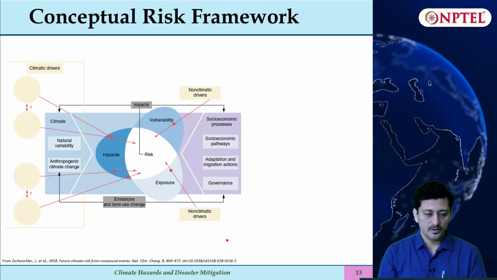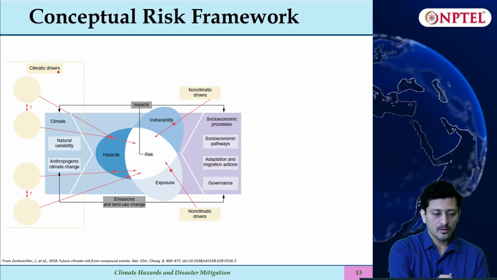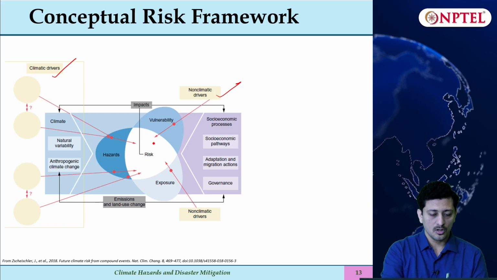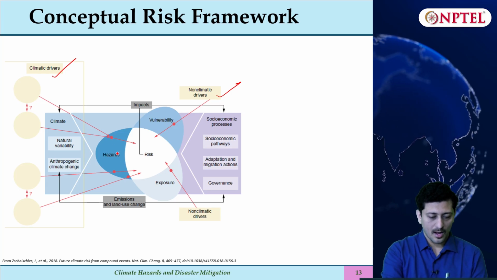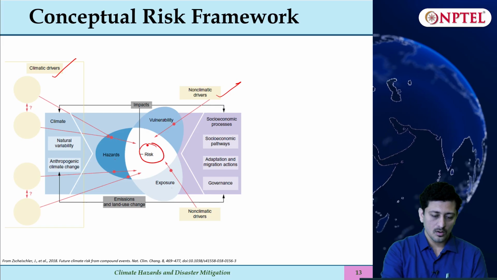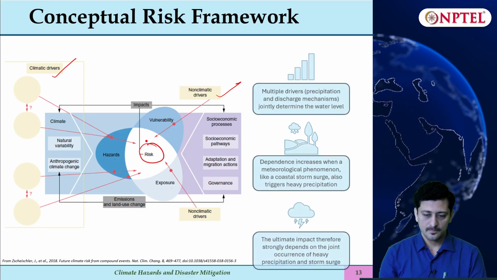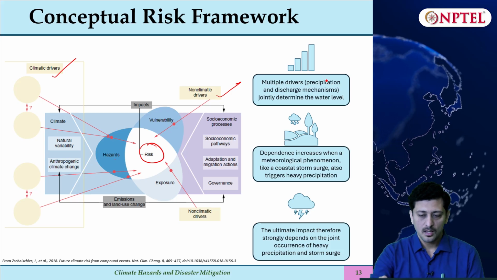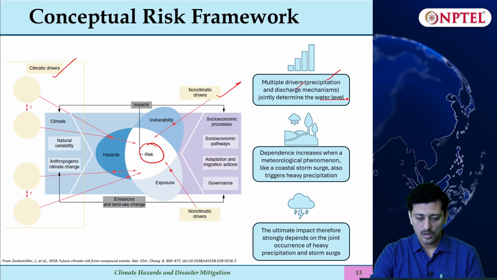Coming to the conceptual risk framework, in this framework we have to identify the climatic and non-climatic drivers which are affecting a particular process, and we have already seen this diagram where hazard, vulnerability and exposure will yield the risk. So your multiple drivers will determine, for example, precipitation and discharge will determine the water level.